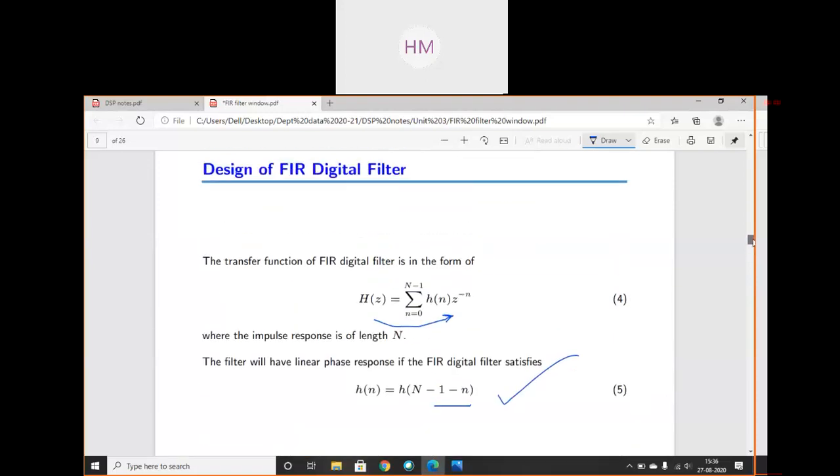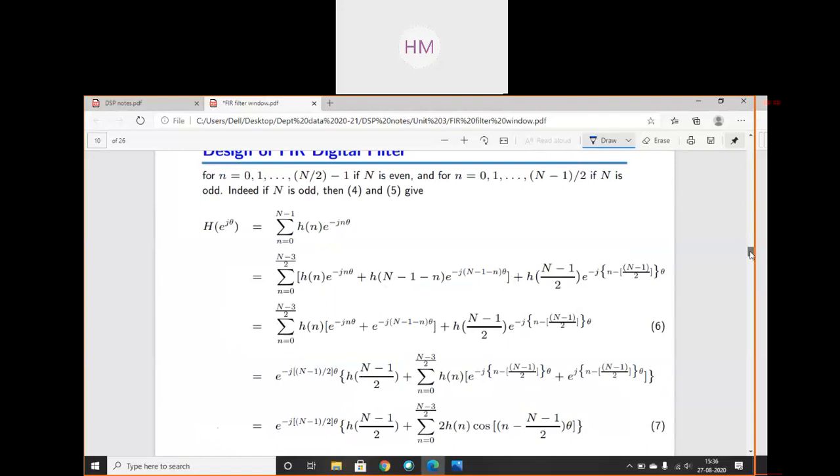The transfer function of FIR and linear phase equation will give you, if it is an odd function, then you will simplify this equation. One term you have written here for odd, and the remaining (N-3)/2 is written over here.